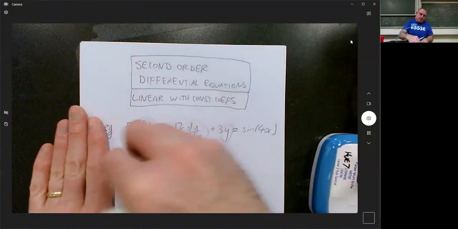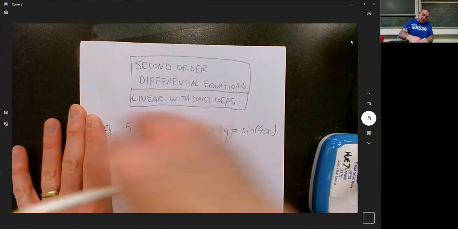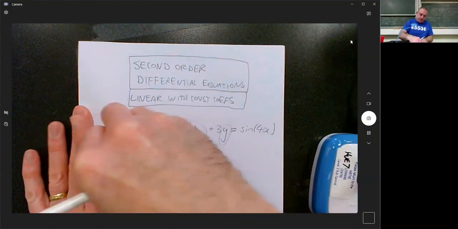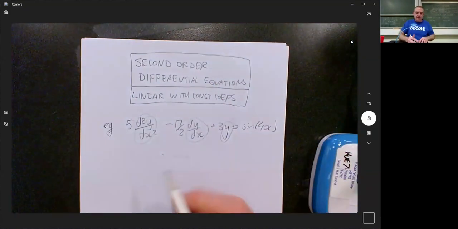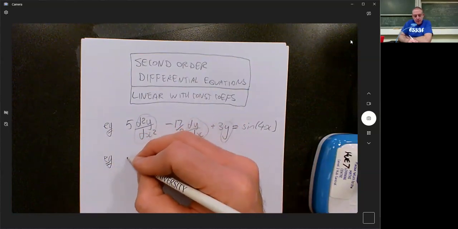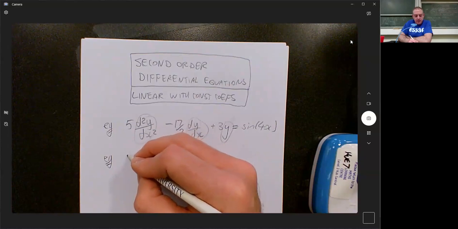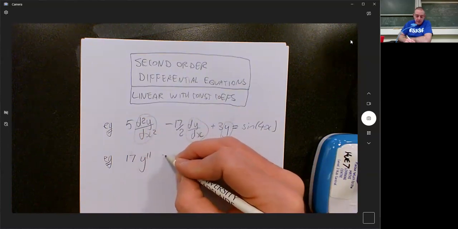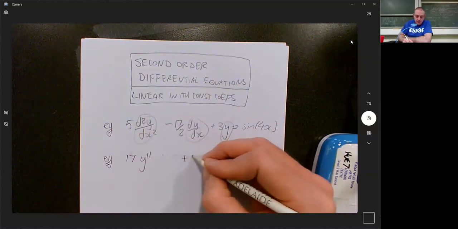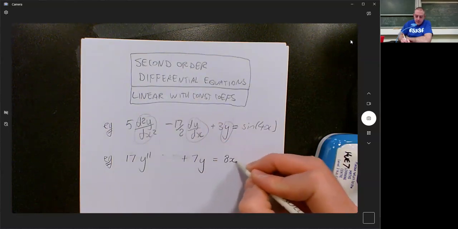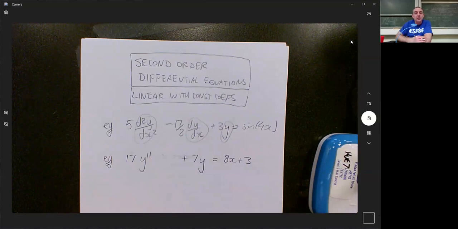Actually, just a second, I'm going to write that down. I just want to do another example. Sometimes you'll write this as y double dashed instead of d squared y over dx squared. It might look something like that instead.